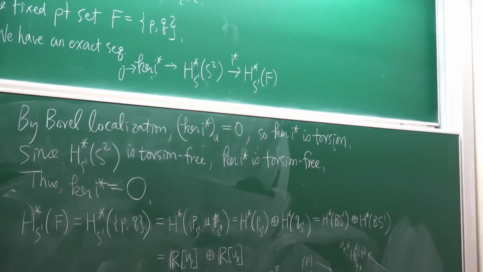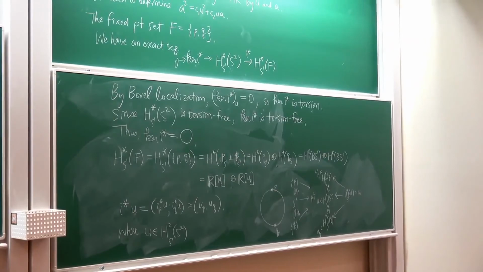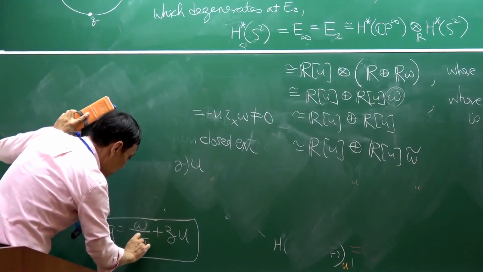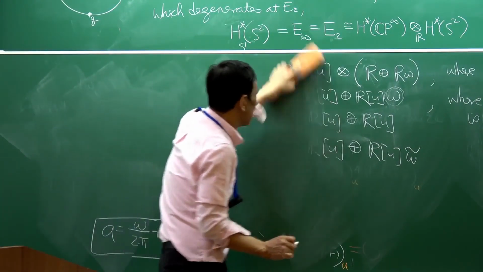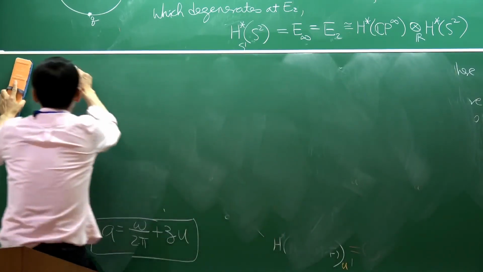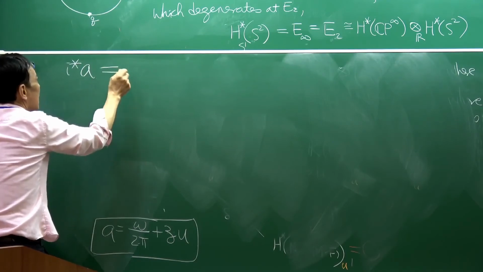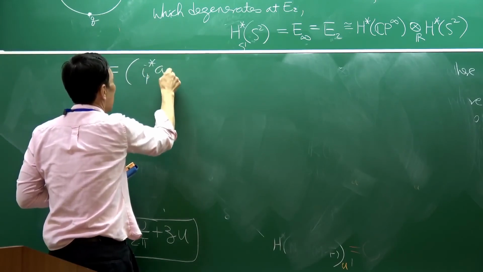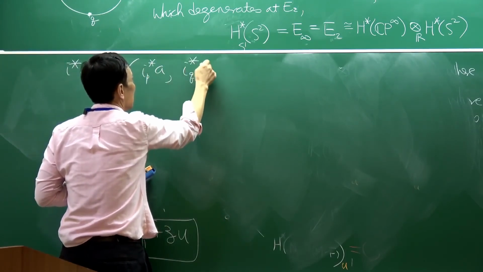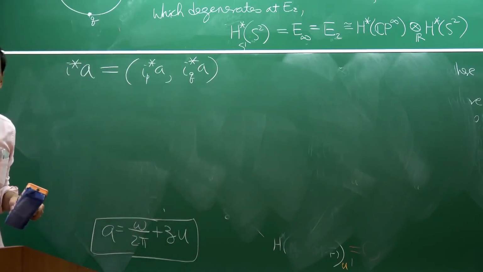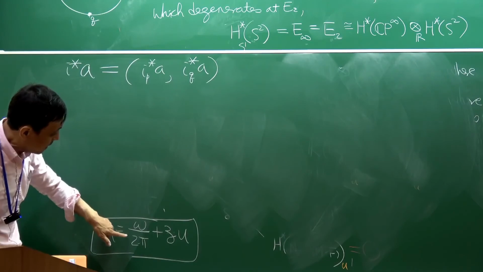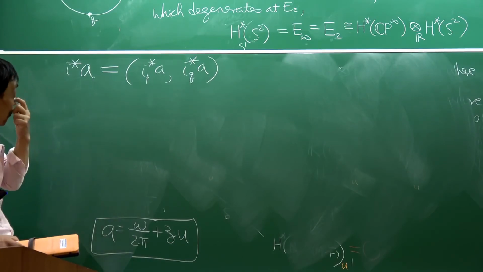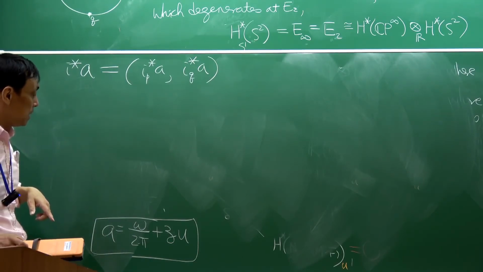Okay, now. Oh, and then what is the restriction of A? So again, you restrict to P and you restrict to Q. Okay? And this is the formula for A. So what do you get when you restrict it to P?